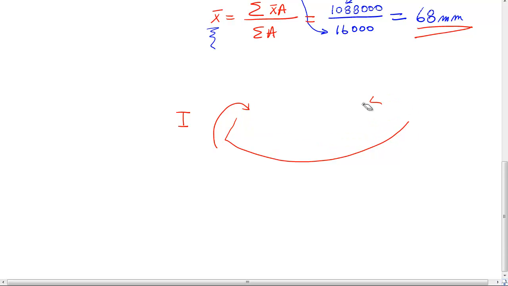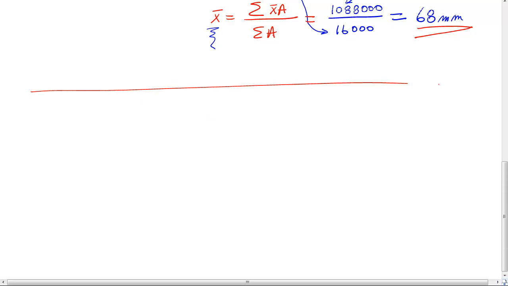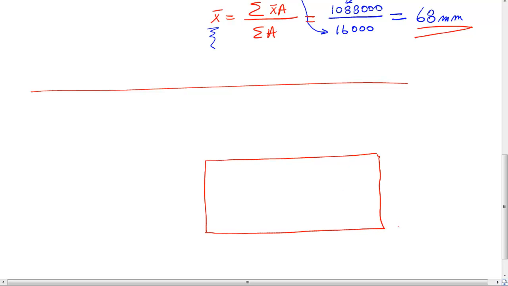Now, as it turns out, what you're going to learn in mechanics of materials is this. What creates this moment is a somewhat triangular couple. Looks like that.